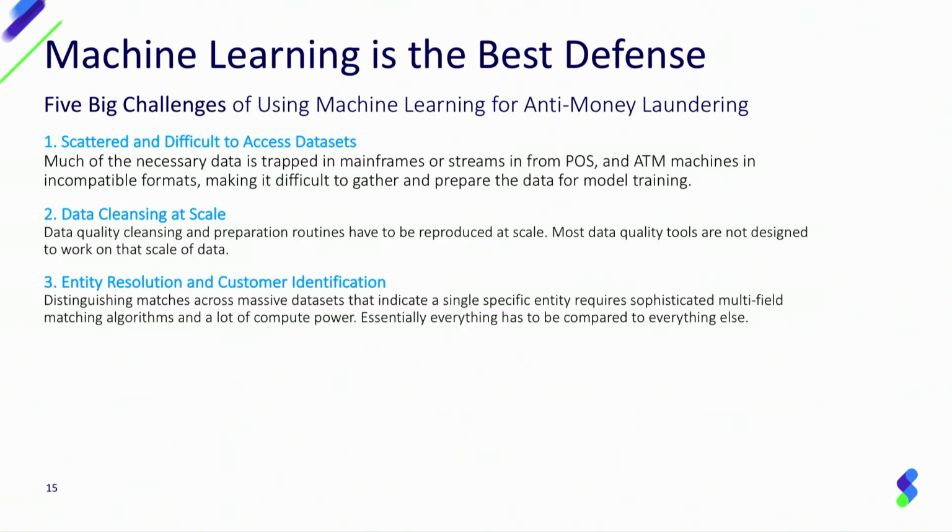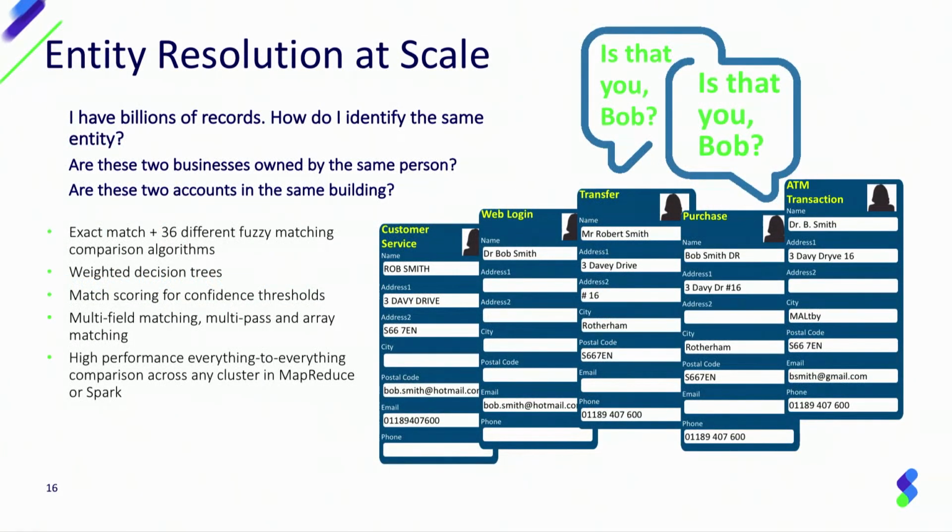For example, if we have the record for the customer service, and then the web login, the money transfer, somebody purchased something, an ATM transaction happened. If we look at these, we may have Bob documented in many different ways, Rob Smith, Mr. Robert Smith, etc., and in different countries with different addresses. So in this kind of scenario, it's very rare that we will have an exact match.